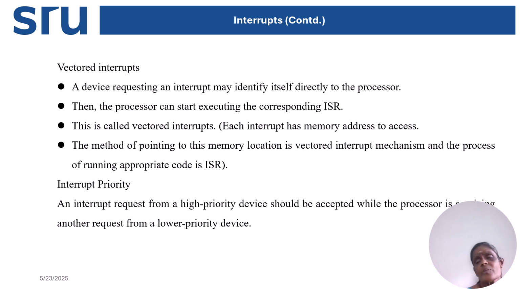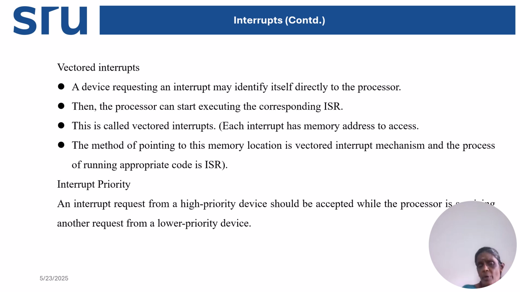In this case, there are so many interrupts. Till now, what we have seen are hardware interrupt, software interrupt, and reset. There are high priority, low priority, and moderate priority interrupts. Five types of interrupts are there. But here, how are the priorities given? An interrupt request of higher priority should be accepted first by the processor.